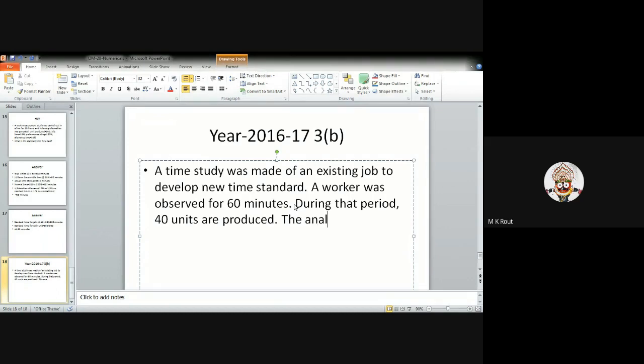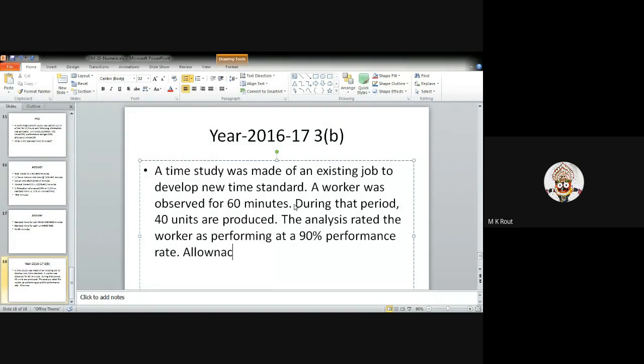To stop the analysis, the worker was rated as performing at a 90% performance rate, and allowances given for rest and personal time are 12%.